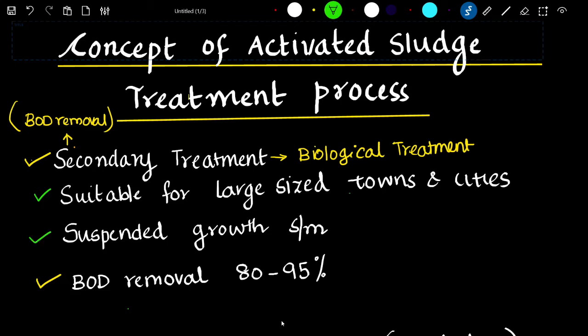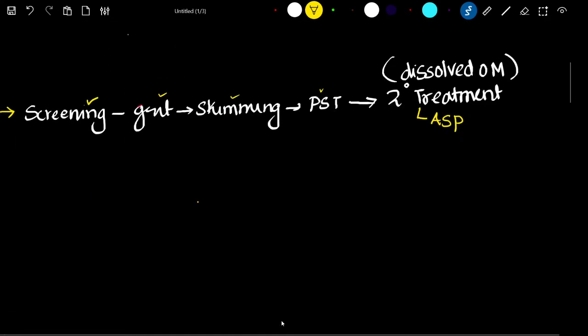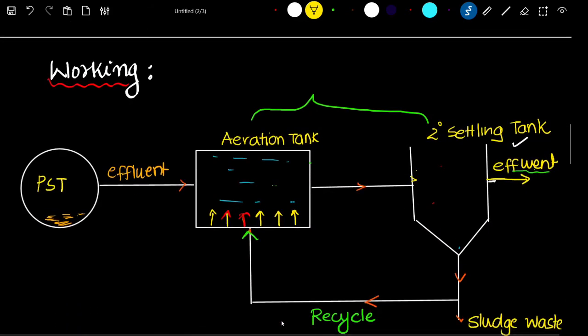Why? Because here the bacteria or the microbes which are used are in suspension in the system. They are not attached to any media, but instead they will be suspended in the media. So to know more about it, we will see how an activated sludge treatment system works.